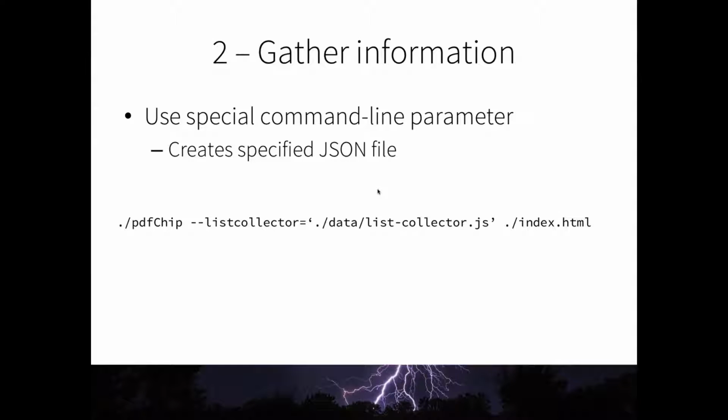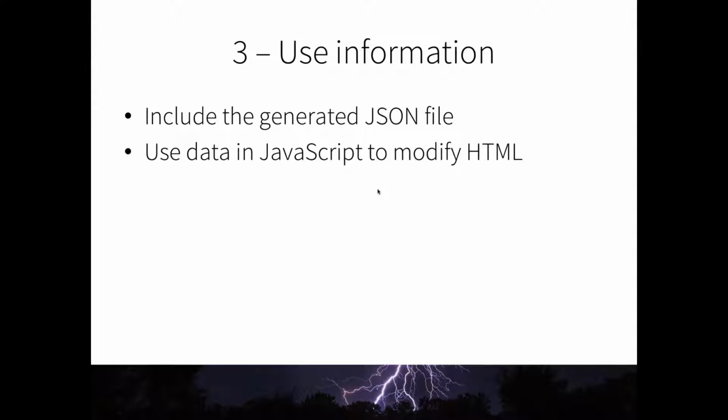And after the equal sign, you have a path to a file. That does not need to exist, but it instructs pdfChip to gather information about all of these elements that you tagged and to write that information into the file data/listcollector.js in this example.